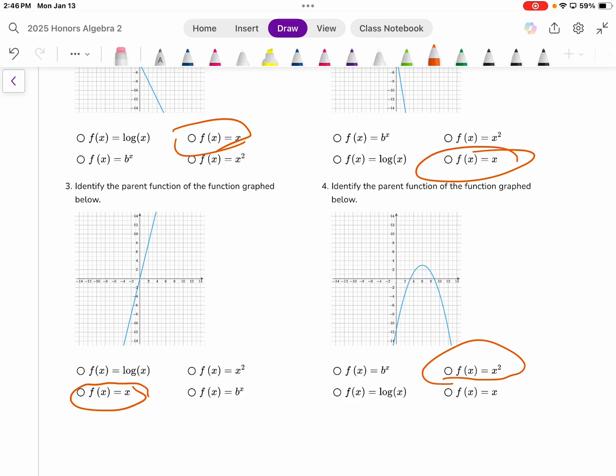How they're all in a row. All the straight lines.